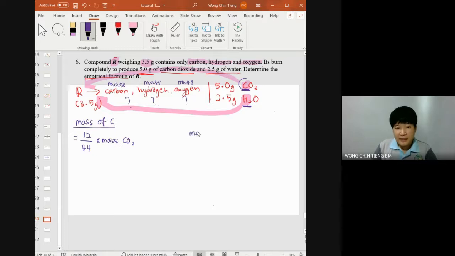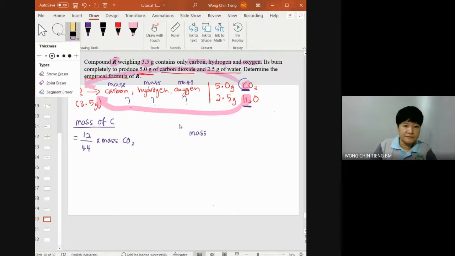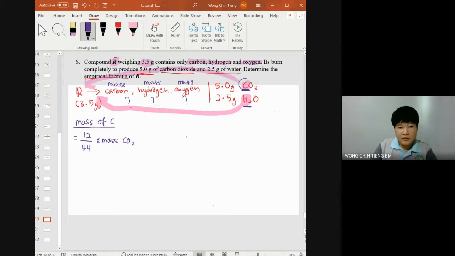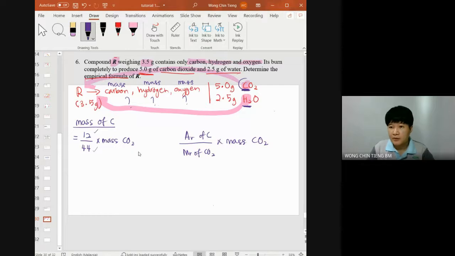It's actually the atomic mass of carbon over the molecular mass of carbon dioxide times mass of CO2. Tu perkadaran sayang. Alright, mass of carbon adalah 12, molecular mass of carbon dioxide adalah 44. Sebab tu saya bagi terus 12 per 44 darab mass of carbon dioxide. Okay, this is where it come from.